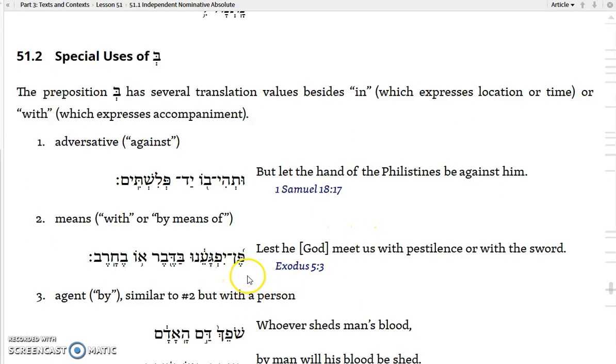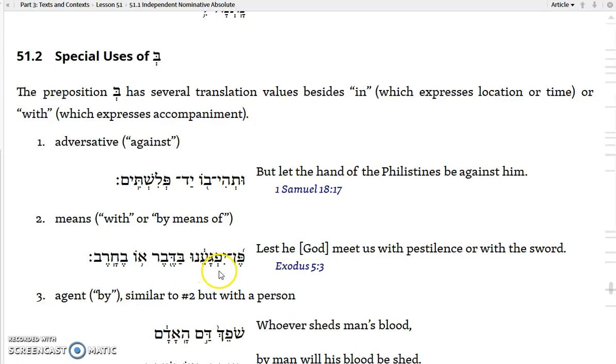And so here you have pen yifga'enu badever o bacherev, which means lest he meet us, note the pronominal object suffix, with a pestilence, dever, or with a sword, cherev. And so here the bet in both cases is the means by which God is meeting or punishing us.